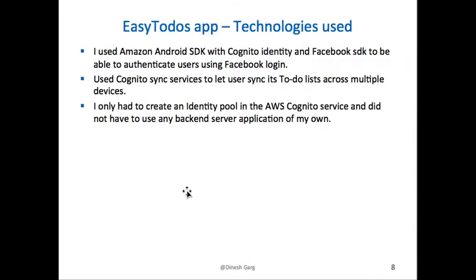As far as the technology is concerned, the technologies used in this application are, of course, we're doing the Facebook login, so we'll have to use the Facebook login SDK to save the tokens after logging into Facebook.